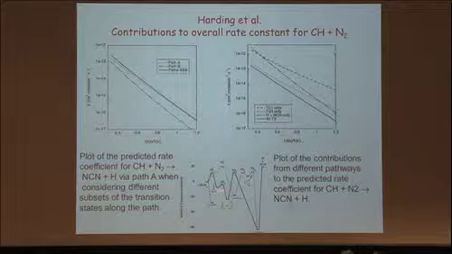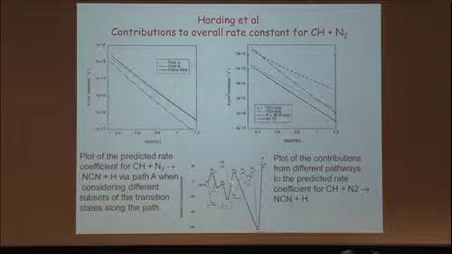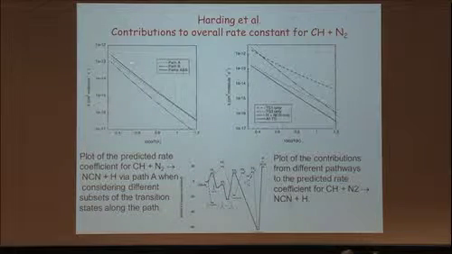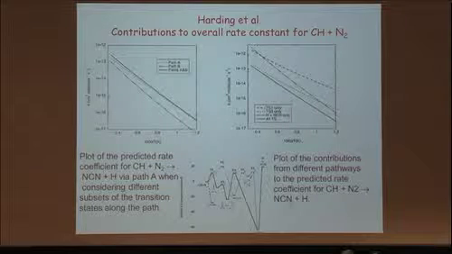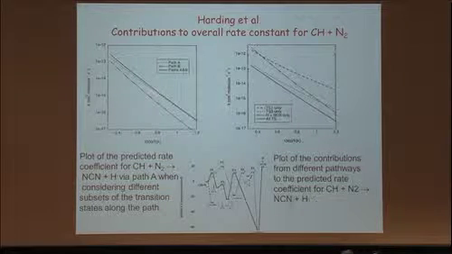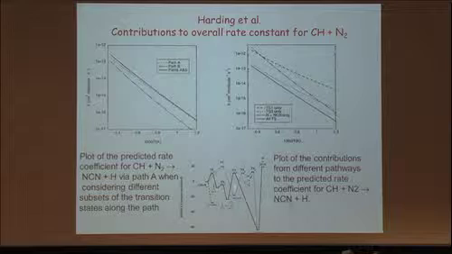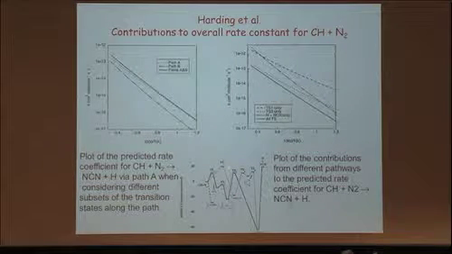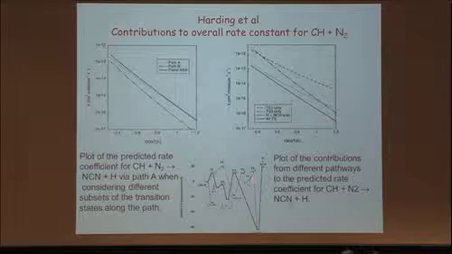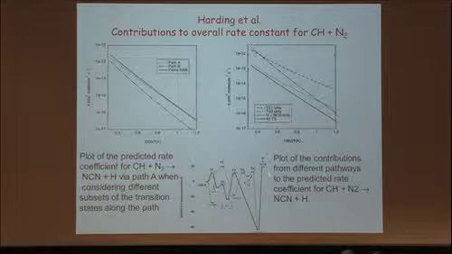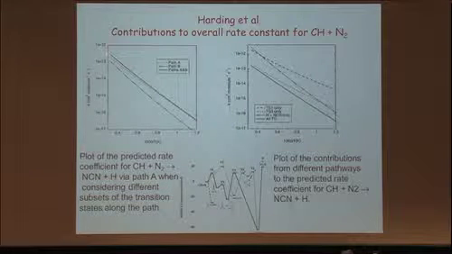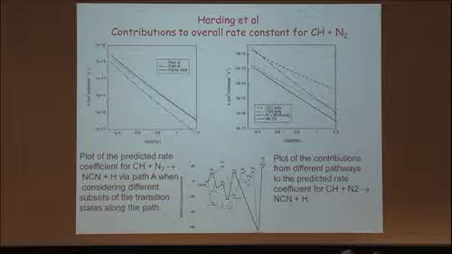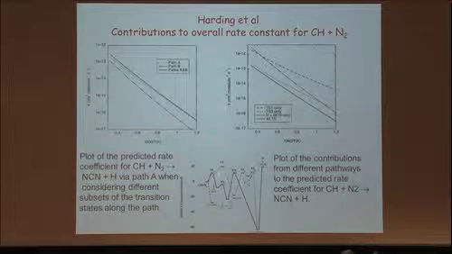And what they did was to define paths A and B. So path A, which is the dotted one, is the full line over here. And path B is this one with this higher barrier here, again going to H plus NCN. And they demonstrated that the main route occurs on the full surface here with a little bit of a contribution from the other surface there.